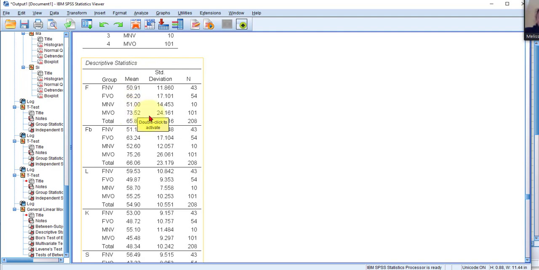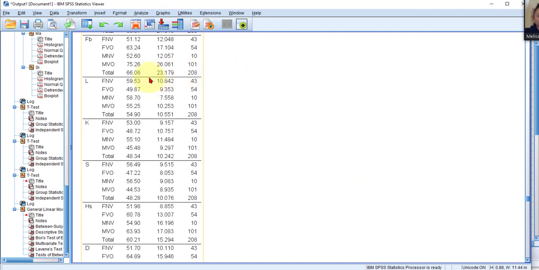On F, we have 50, or I guess we'd go FV or FNV and MVO. Correct. So from the female nonviolent to the male violent, huge difference in the F scores. In fact, your male violent, I'm looking at them right now, they're violent. Or whatever you're measuring, they're way high. So same with FB. The low are the female nonviolent, the high are the violent males.